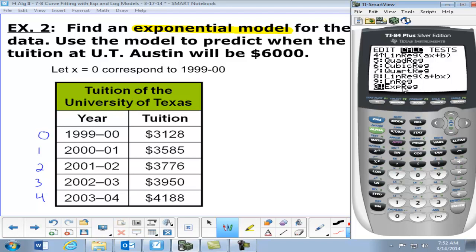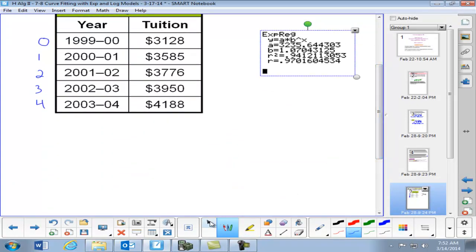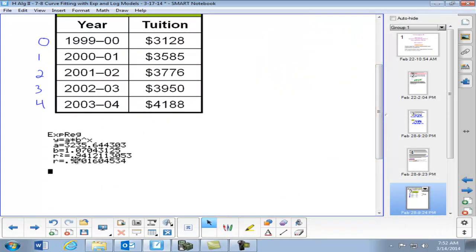So exponential regression is what you want. So you have stat, calc, exponential regression. Hit enter again. Okay, so this is what you have.